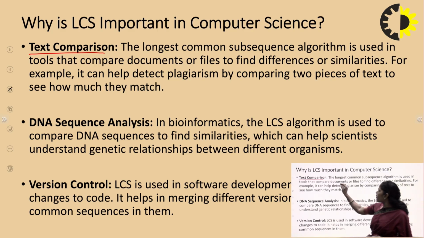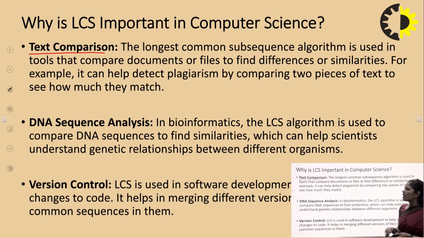The longest common subsequence algorithm is used in tools that compare documents and files to find differences and similarities. For plagiarism software, it checks by comparing two pieces of text and seeing how similar they are and how they match, right?